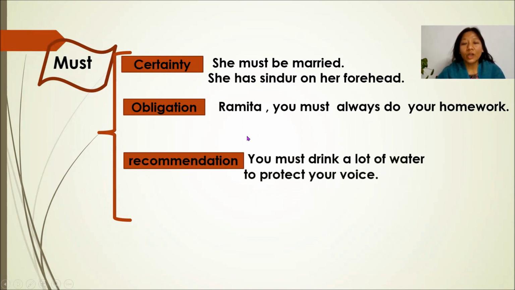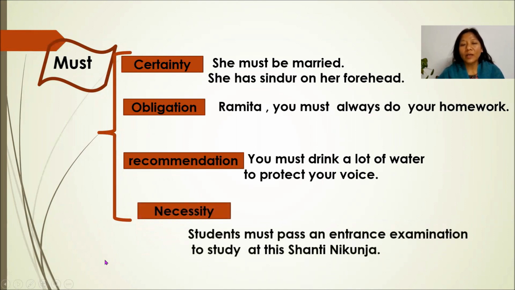You must drink a lot of water to protect your voice. Okay, a kind of advice, giving advice to drink a lot of water to protect the voice. Okay, and necessity. Here, students must pass an entrance examination to study at the Santinikunja. The students need to pass to study there. So necessity. Okay, must is used.